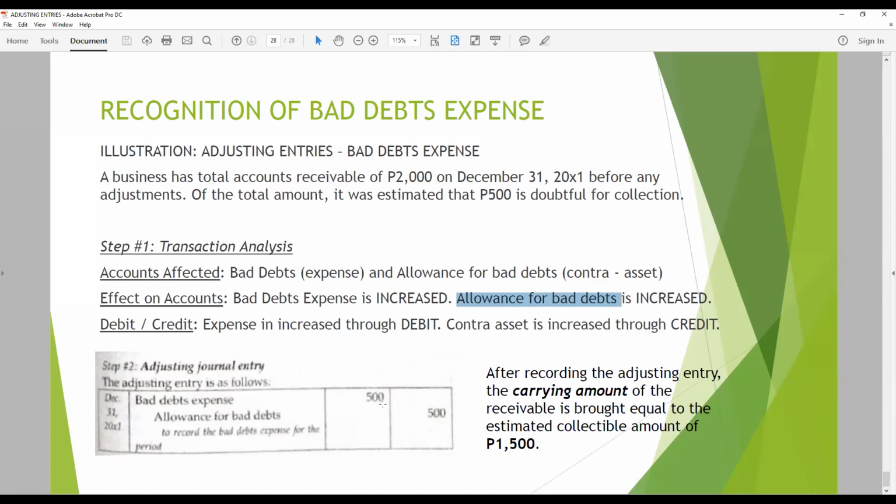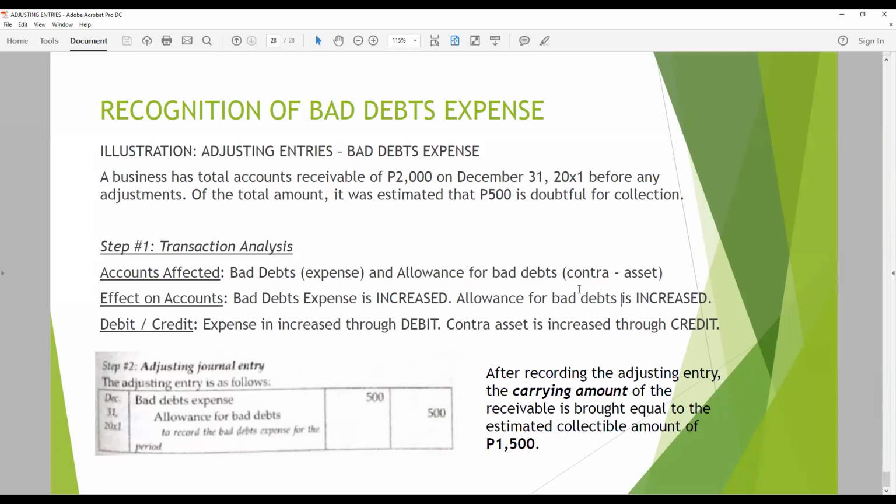Debit bad debts expense, 500, and credit allowance for bad debts, 500. The recording of the adjusting entry, the carrying amount of the receivable is brought equal to the estimated collectible amount of 1,500. So as of year end, ang estimated collectible amount nyo lang is 1,500 kasi may doubtful na 500.